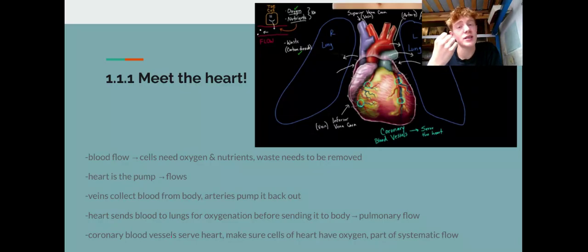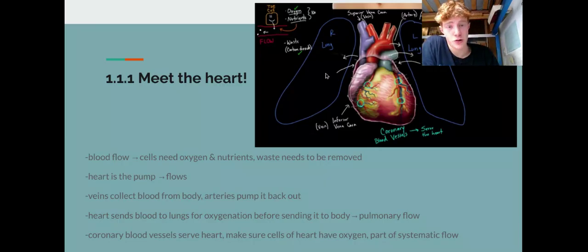When your blood is in your lungs, the cells will oxygenate and be removed of any waste. If you do not understand what the waste of blood cells is, I'll give you a very common example. That is carbon dioxide. It is found very commonly in blood cells and is a waste that is removed in the lungs during the pulmonary flow.